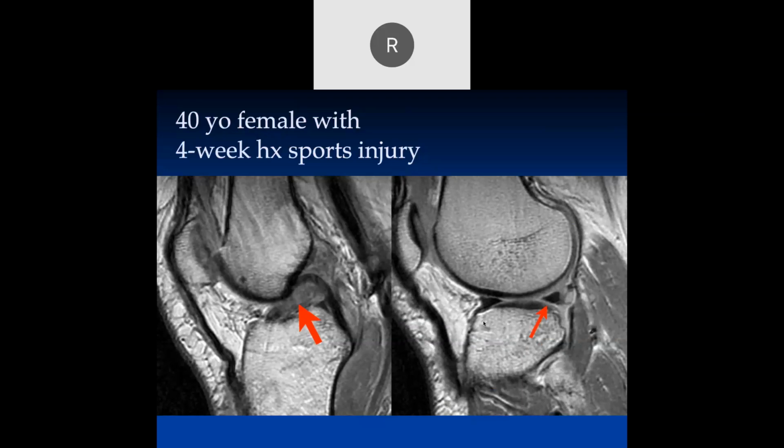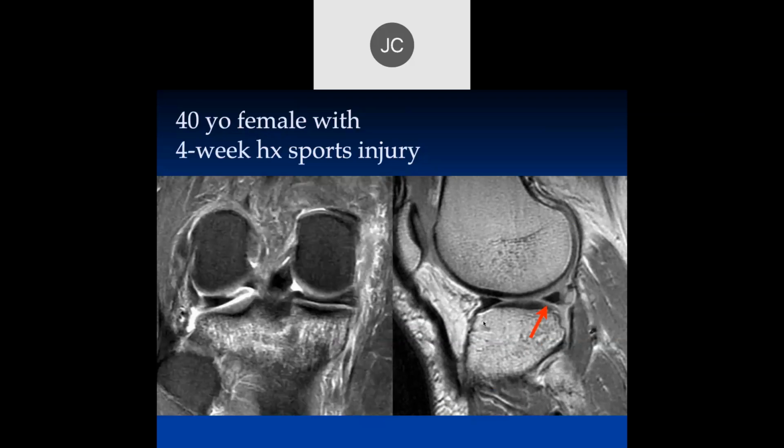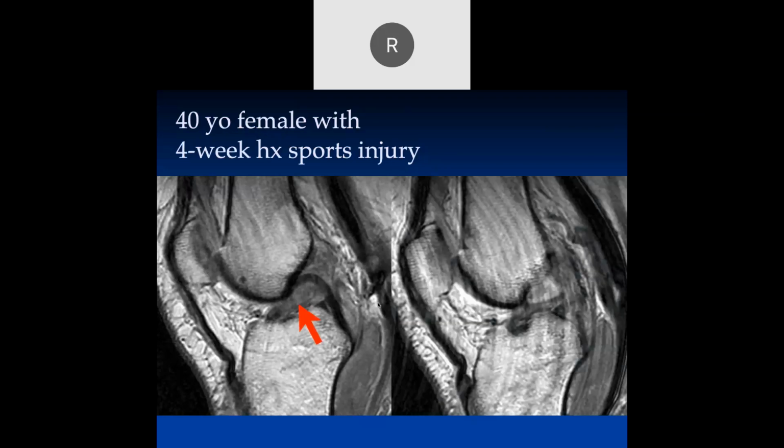So these are the sagittal. Here's the coronals. So it looks like there's probably a tear in the posterior root. Yeah, so this is a root tear, and then here, so ACL tear.